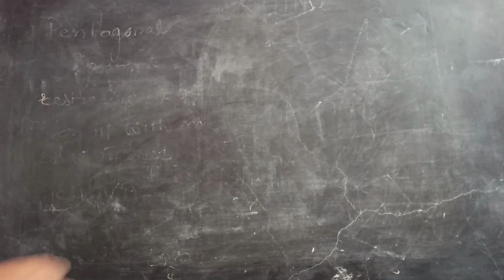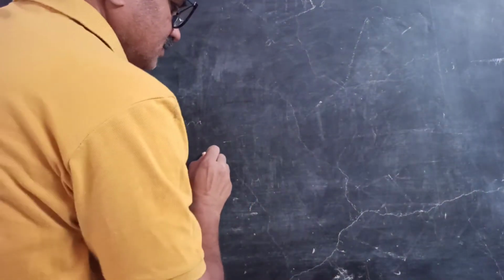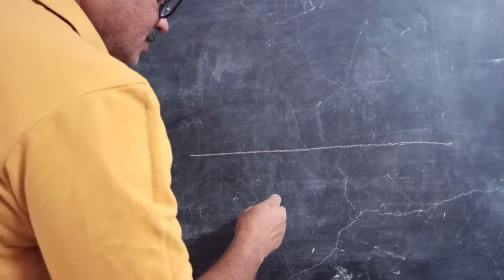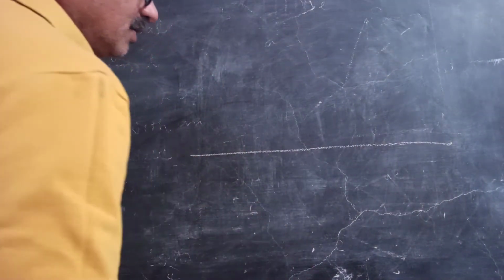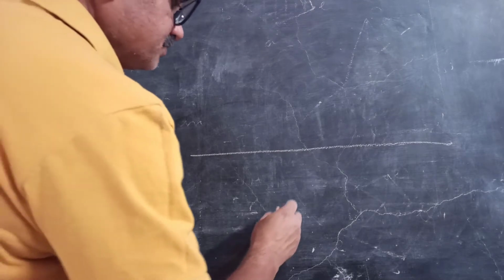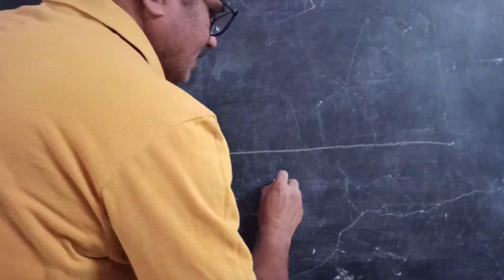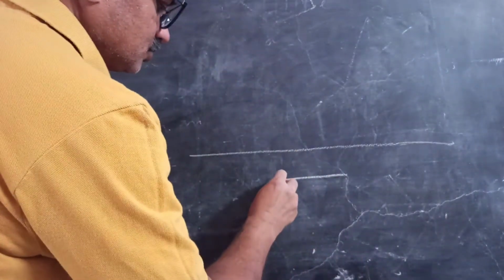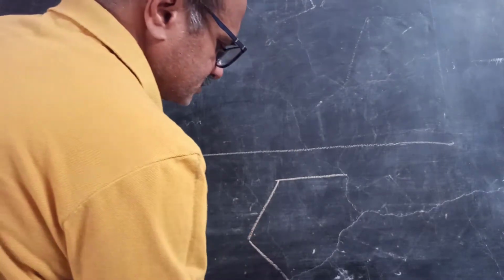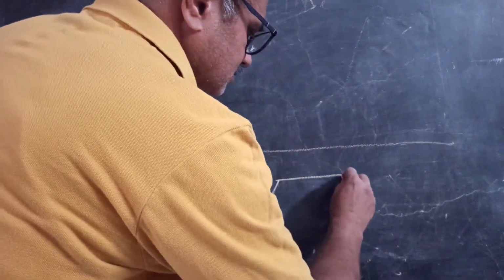Let us see the next problem: a hexagonal pyramid resting on its base on HP with an edge of the base parallel to VP. So this will be its projection.